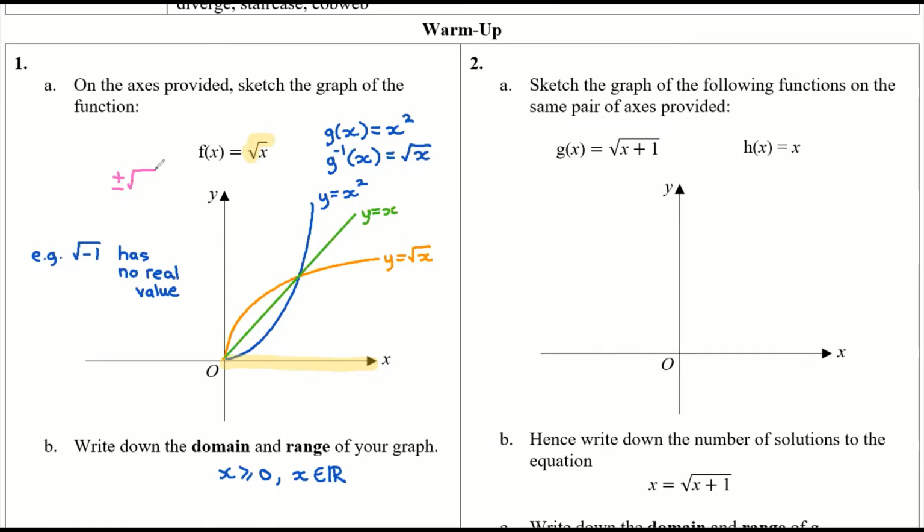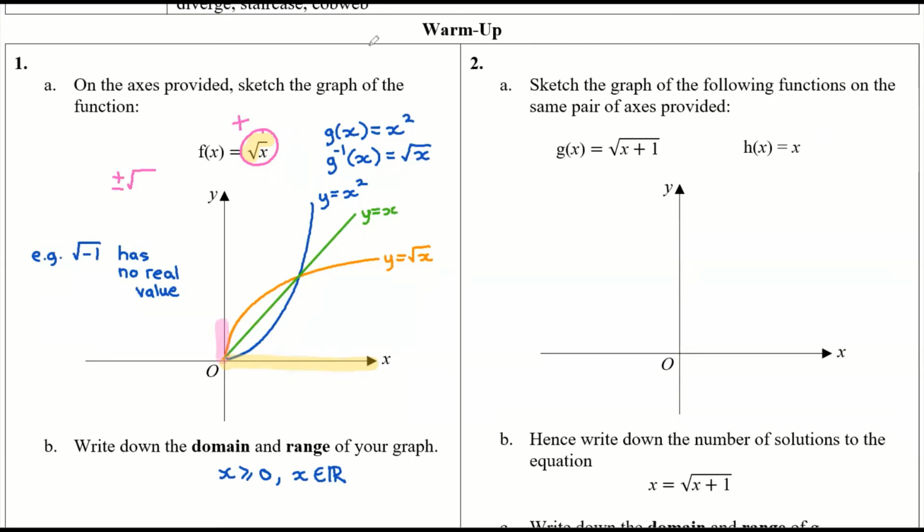Because you have to stipulate that a square root is either positive or negative, that indicates that the square root function on its own, as we've got here, is the positive one, by definition. The negative one would be something else; you'd have to put the minus sign in front of it. So that means that if it's a positive function, the square root, although it's not well defined when you take plus or minus, the range is going to be purely positive as well.